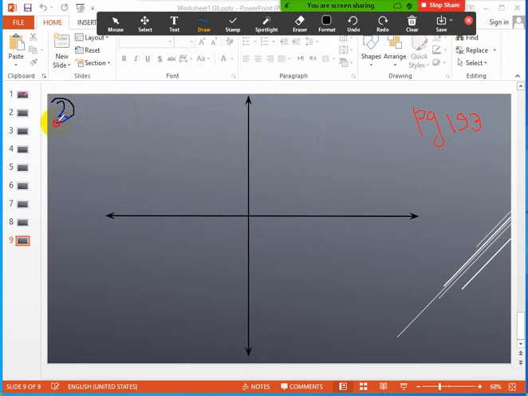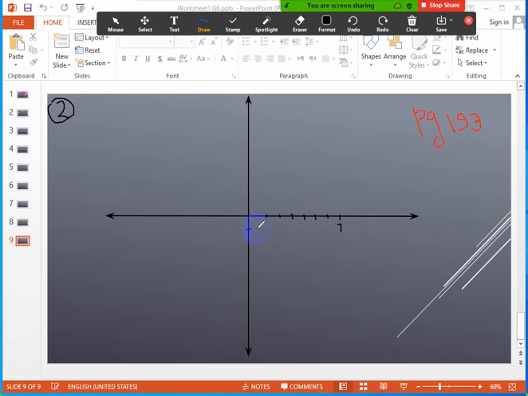Open your book. The first point in your book is 7, negative 2. That means on the x I have 7, on the y I have negative 2. This is 1, 2, 3, 4, 5, 6, 7.